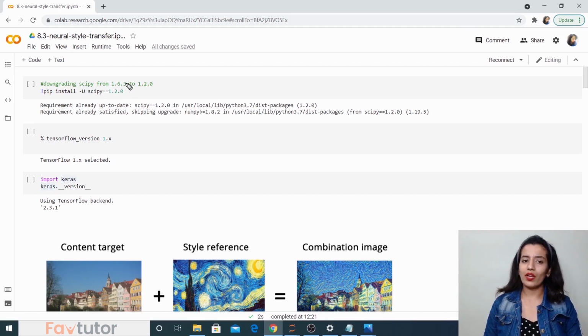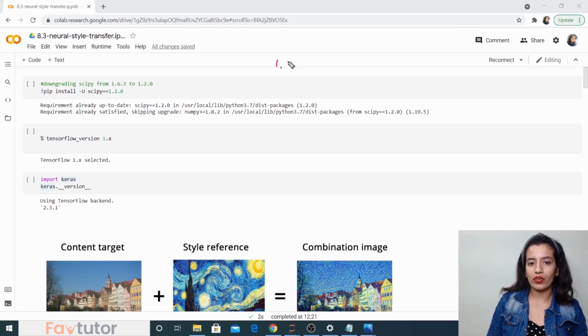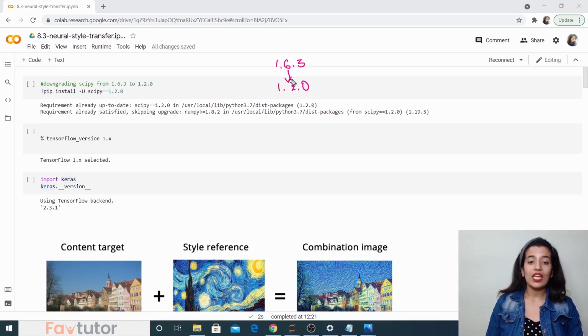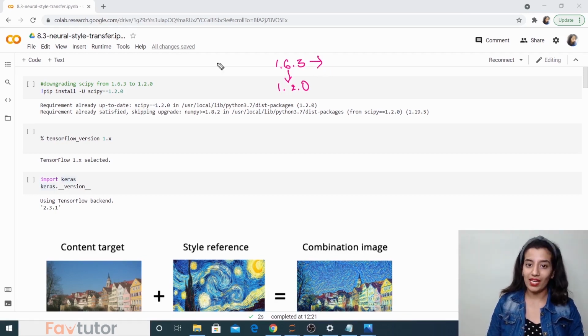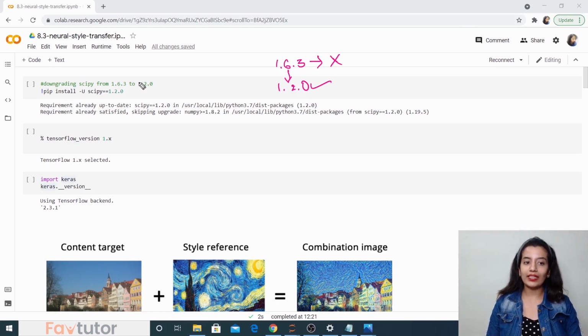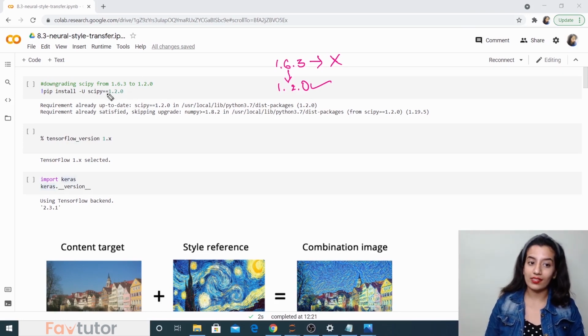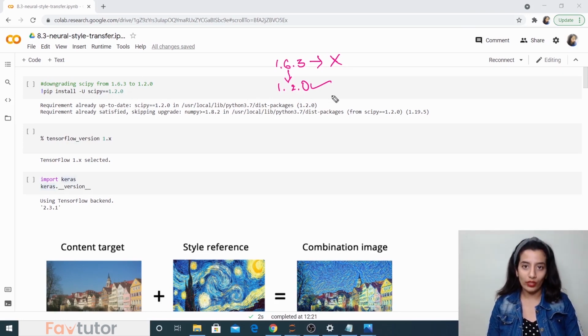Nowadays we have SciPy version 1.6.3, and I have to downgrade it to 1.2.0. The reason is that the newer version of SciPy will not give enough performance for the style transfer. That's why I need to downgrade the SciPy library to version 1.2.0.